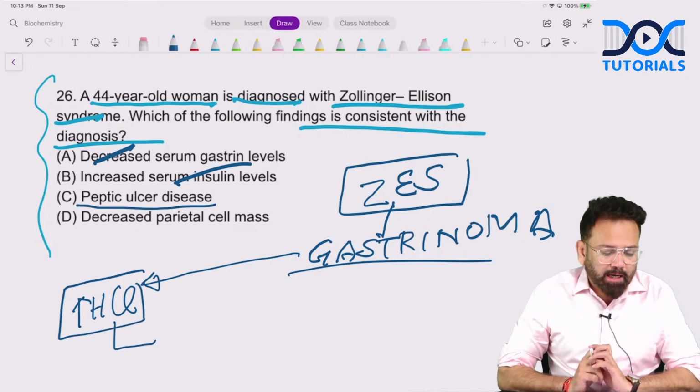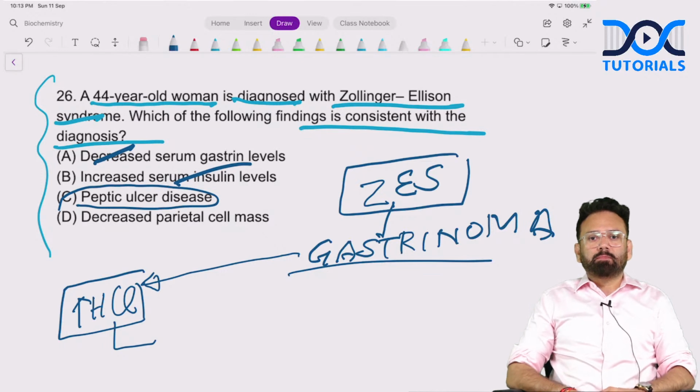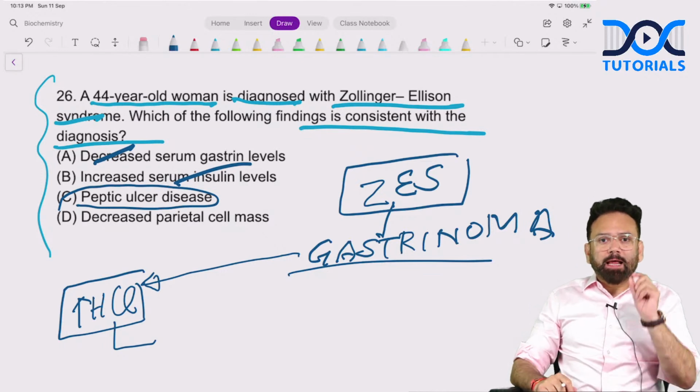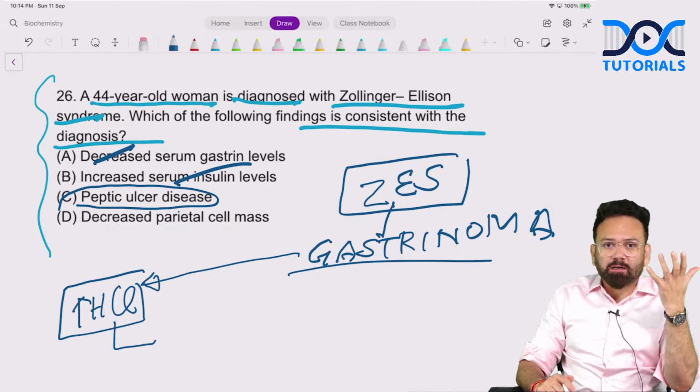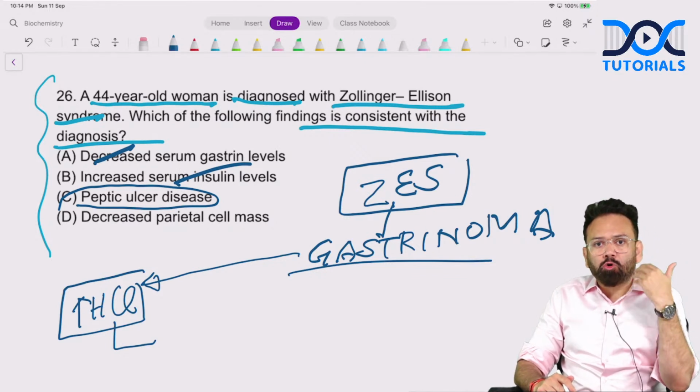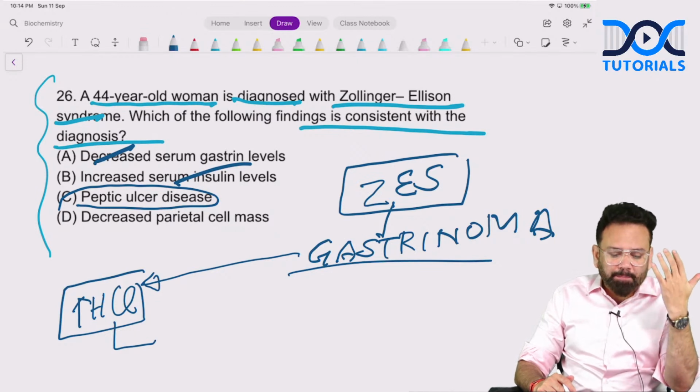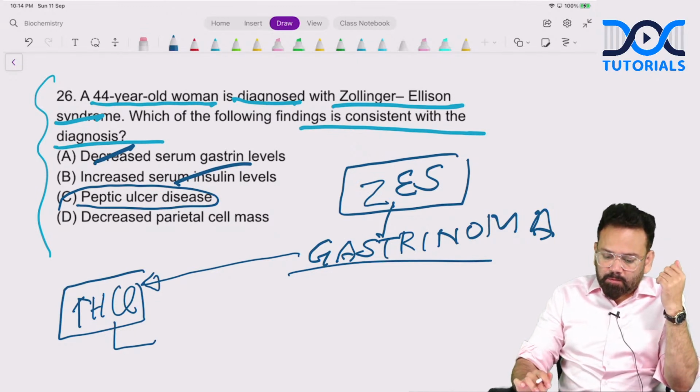Yes, very good. The answer is C. So Zollinger-Ellison syndrome is gastrinoma. It will release more and more gastrin. Gastrin will stimulate more and more acid. Acid will cause peptic ulcer disease. The answer is C.